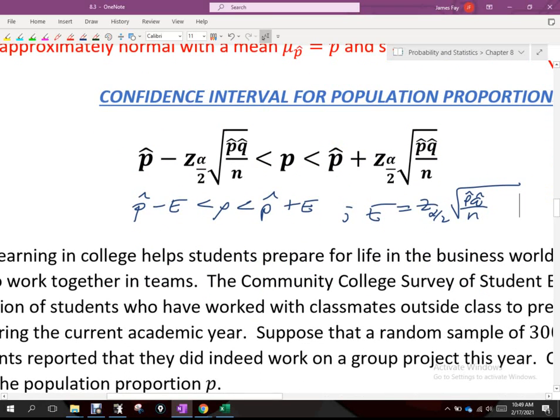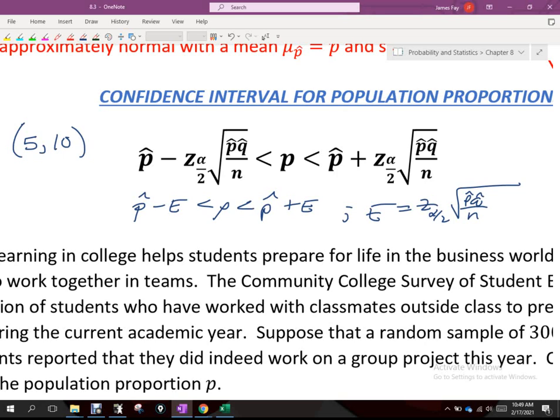They gave you an interval, and I'll make it really simple: if my interval is 5 to 10, they ask you to find what mu is and what the margin of error is. Basically, what is the point estimate, and then what is the margin of error.